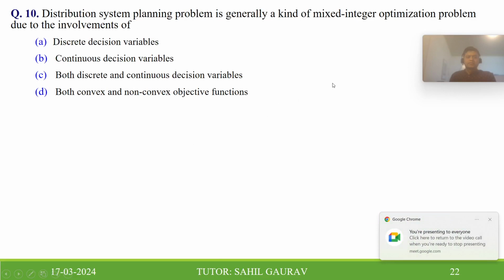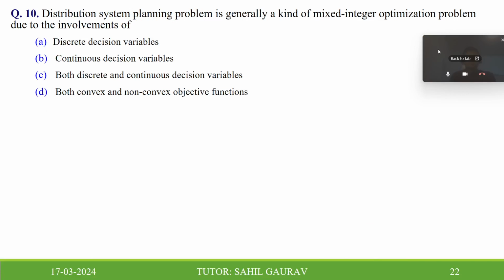The next problem is that distribution system planning is generally a kind of mixed integer optimization problem due to involvement of: A, discrete decision variables; B, continuous decision variables; C, both discrete and continuous decision variables; and D, both convex and non-convex objective functions.